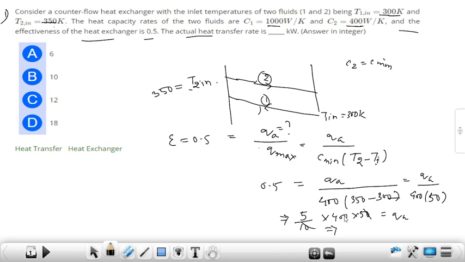So 5 into 400 into 5, that is 10, equal to Q actual, which is equal to 10 kilowatt.